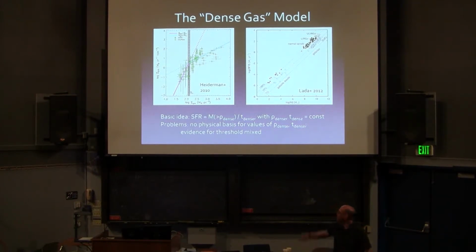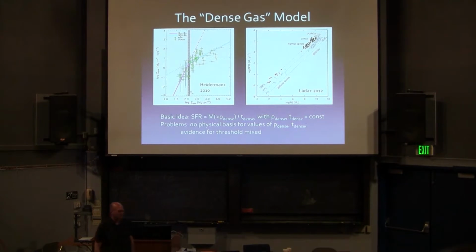So the star formation rate is simply the amount of mass in this dense phase, where the definition of dense is to be specified, divided by some time scale associated with this dense phase. That is, the star formation rate depends on how much mass is there at a density of 10 to the 4, and if I know that, I know everything.